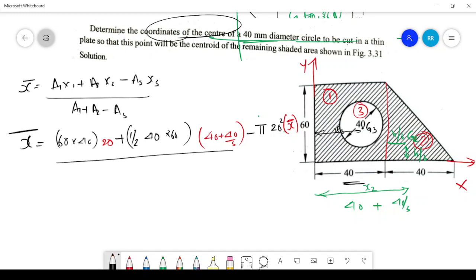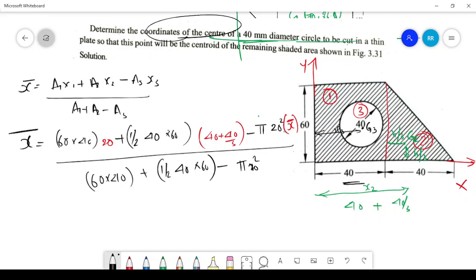So divided by a1 plus a2 minus a3. a1 will be 60 into 40 plus a2 half bh, 40 into 60, minus a3. A3 means pi r square, that means pi 20 square. Okay, so നമുക്ക് ഒരേ ഒരു unknown മാത്രമേ ഉള്ളൂ, x bar.